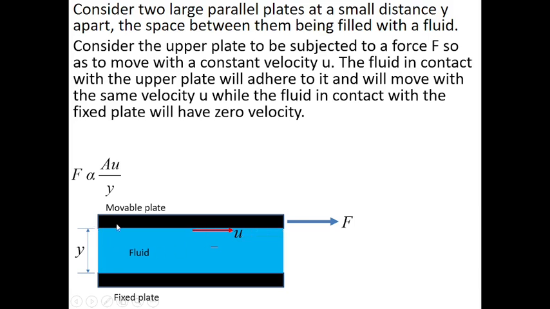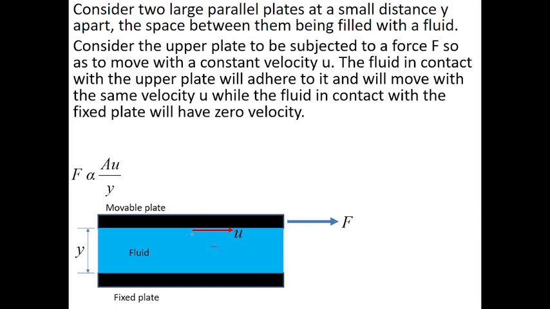Will adhere to it and will move with the same velocity u, while the fluid in contact with the fixed plate will have zero velocity. Kung ano yung bilis ng plate, yun din yung bilis ng molecules ng fluid na nasa interface.